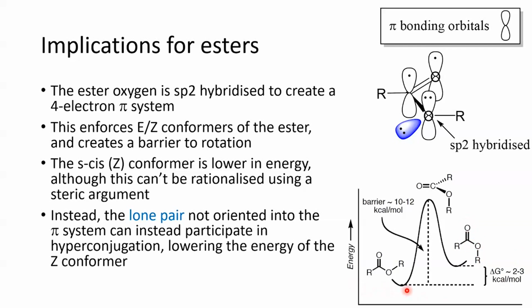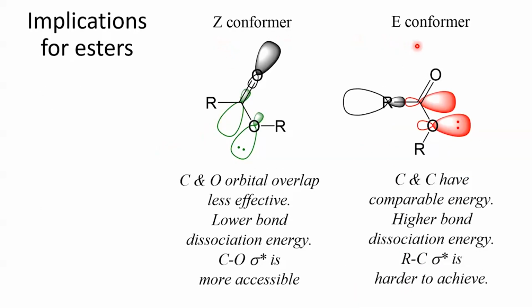Now the Z conformer, its low energy nature can't be rationalized just using a steric argument. Instead, this lone pair that does not participate in the pi system participates instead in hyperconjugation. Now, initially, when you think about the Z and the E conformers, you might think that regardless of which conformation occurs, that lone pair could participate in hyperconjugation.